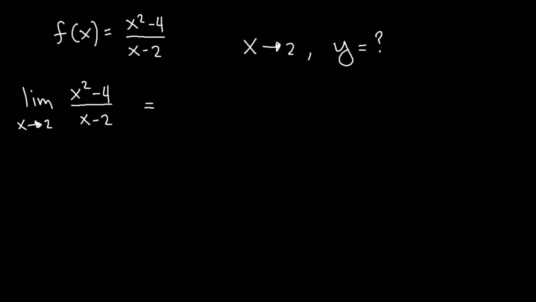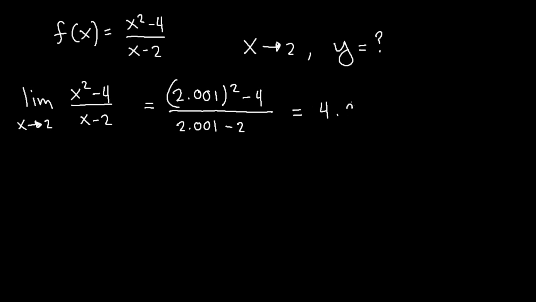So we substitute 2.001 for x. So we have 2.001 squared minus 4 over 2.001 minus 2. So this is equal to 4.001.